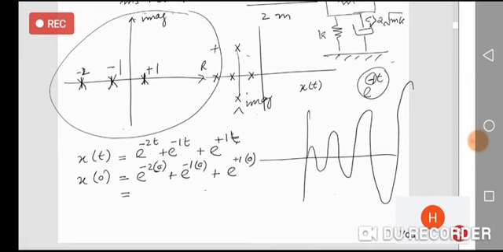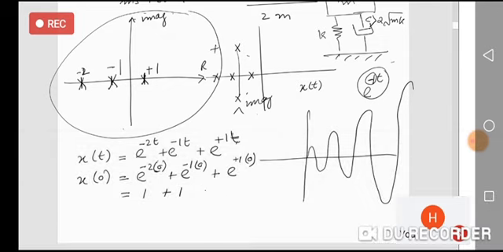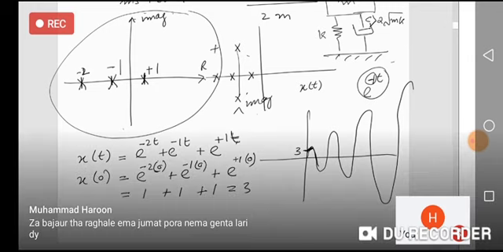Now this will be e raised to the power 0 is equal to 1 plus e raised to the power 0 equal to 1 plus e raised to the power 0 equal to 1. हमारे पास response की value क्या आएगी? 3 आएगी. So the response will start from 3. At time t is equal to 0, response will start from 3.